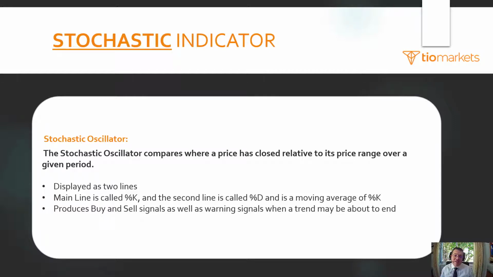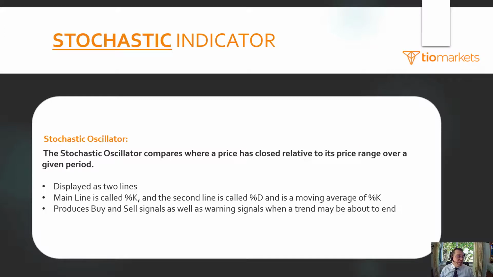It's a very popular momentum indicator, used throughout technical analysis in various forms such as RSI. It's displayed as two lines: a main line called percentage K and a second line called percentage D. Percentage D is a moving average of percentage K. Don't worry, we're going to get more into it and things will become clearer as we go through the slides.